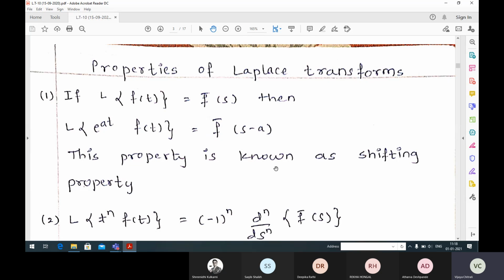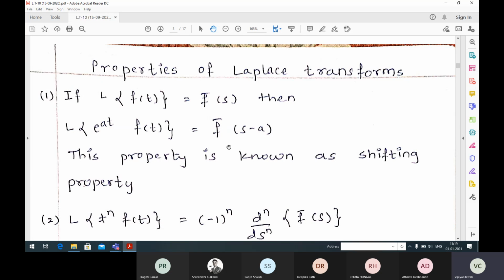So this property is known as the shifting property. Means a function f of t is multiplied by e raised to at, then Laplace transform of e raised to at f of t is equal to f bar s minus a. Means s changes to s minus a.